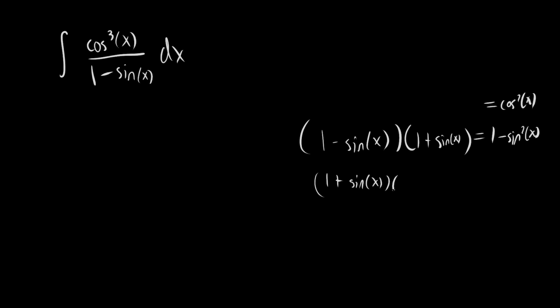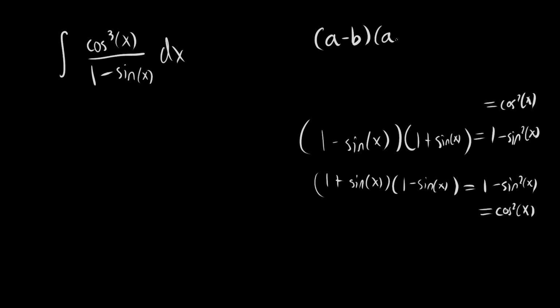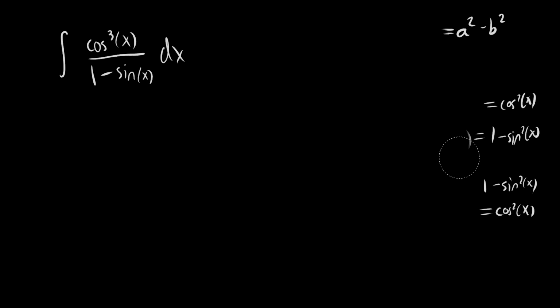And over here, you could multiply by 1 minus sine of x and get the same thing, cos squared of x. The conjugate is where you have, for example, a minus b, and you multiply that by a similar term, but change the sign in the middle. This becomes a squared minus b squared, the difference of two squares. So that's the idea behind what I want to do here.